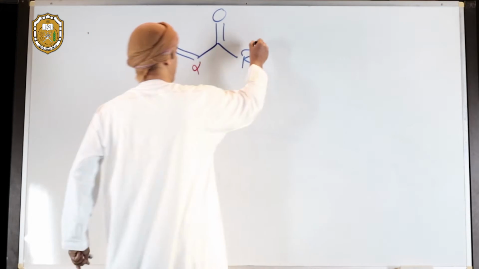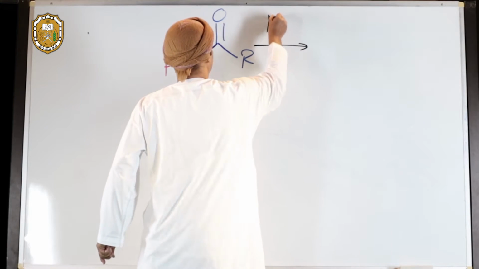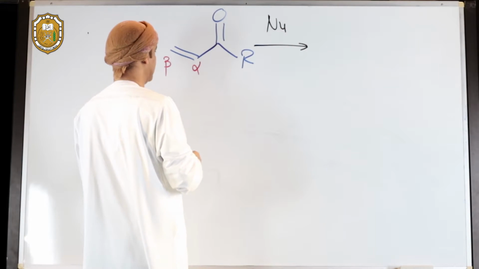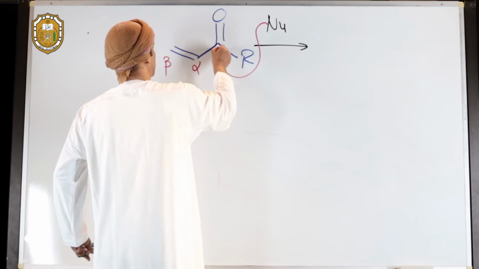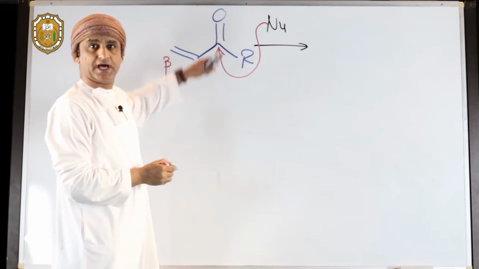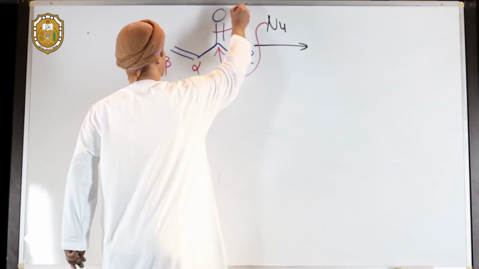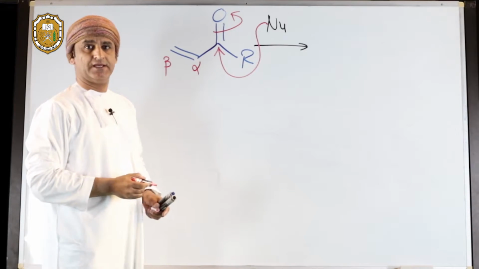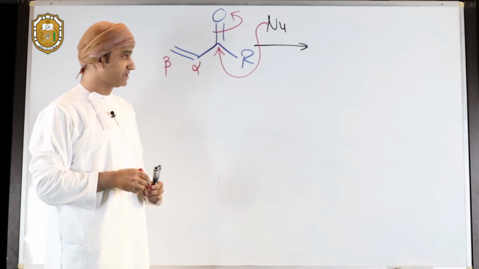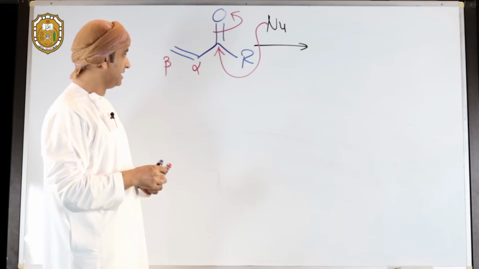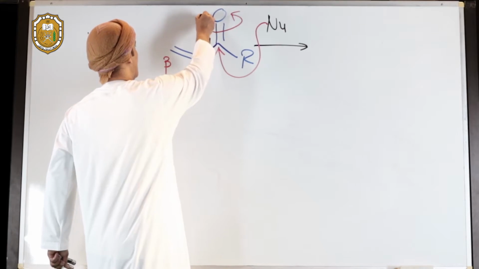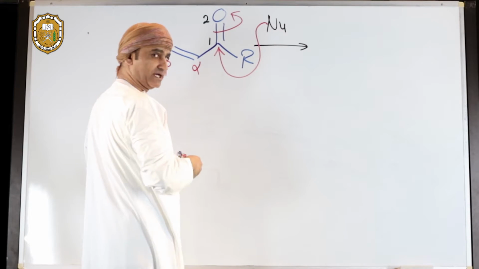So if a nucleophile attacks this carbon number 1 if you like, of the carbon-oxygen double bond, so something like that, a typical or classical nucleophilic addition reaction, this nucleophilic addition reaction is also described as 1,2. So let's write the product first.